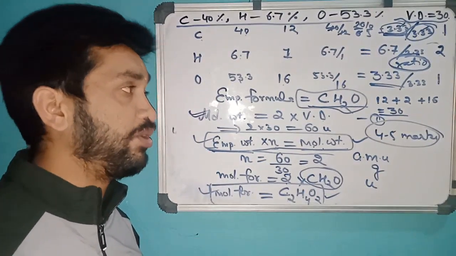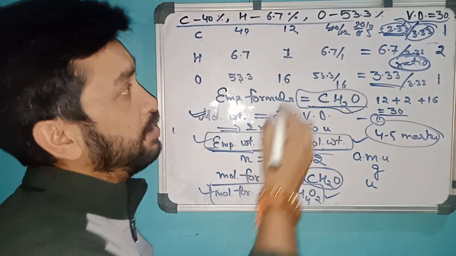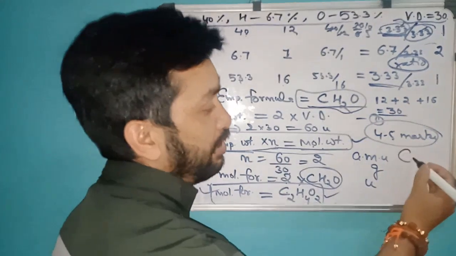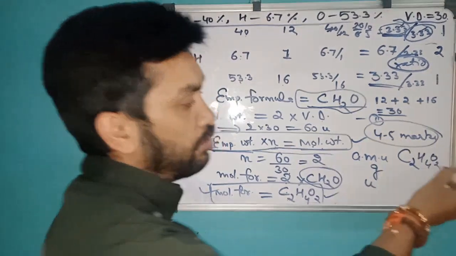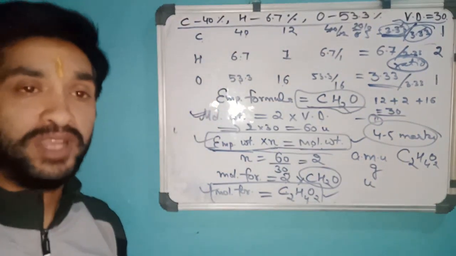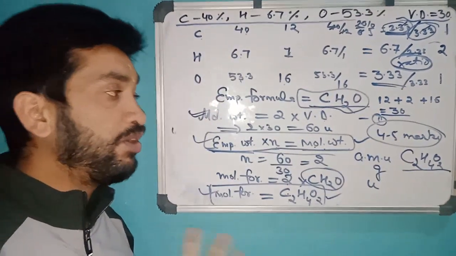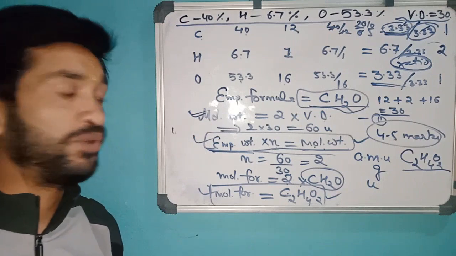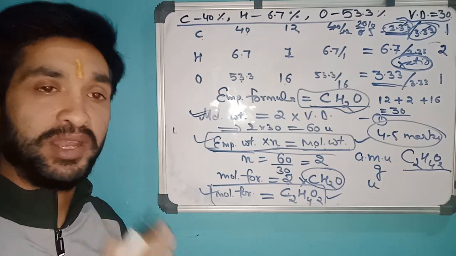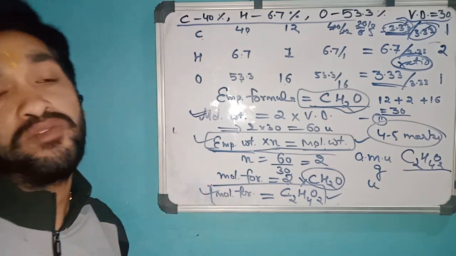In that particular molecule, how many atoms are actually present. Even though here C2H4O2 could be divided by 2 to make CH2O, we are not doing it because we are writing the molecular formula and we want the actual number. So try to remember it like this: empirical formula, simplest whole number ratio; molecular formula, actual number of atoms.